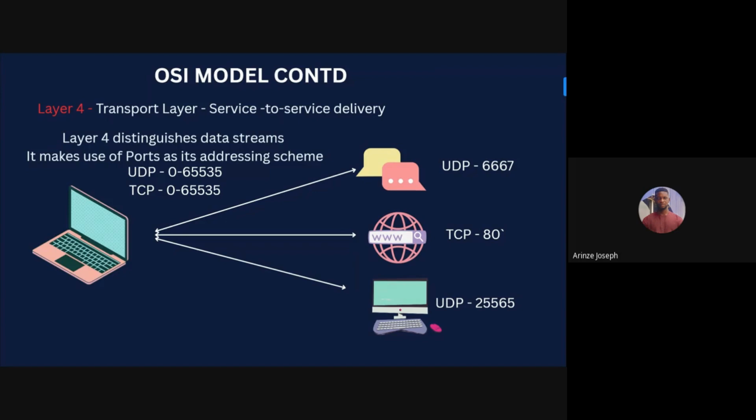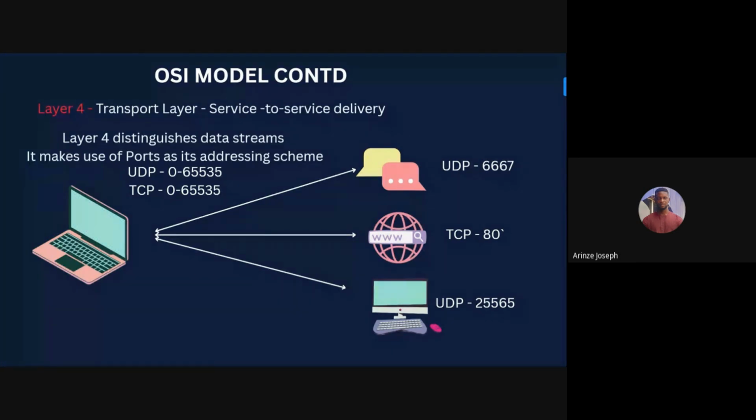I want us to understand what ports do, how they help in communication, and the services these ports provide. We will go deep into the practical aspect from our next class.